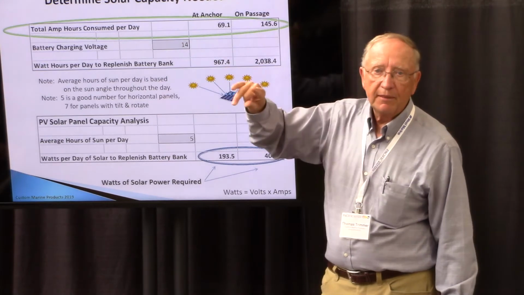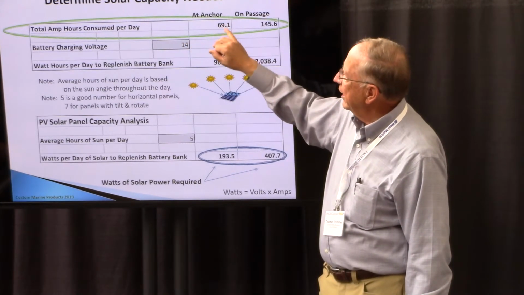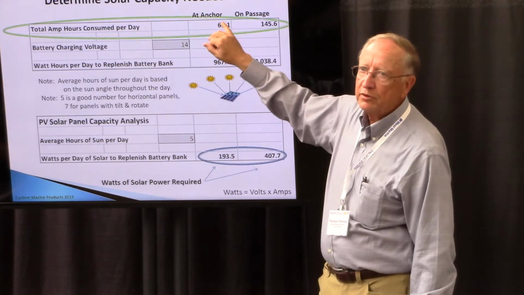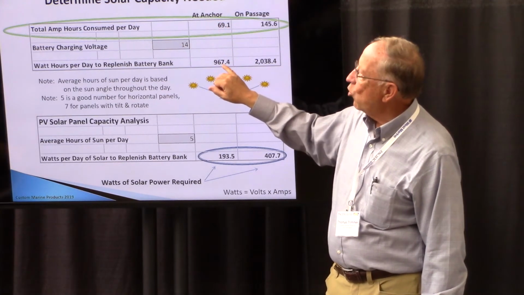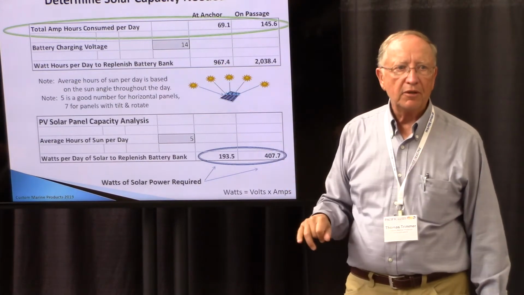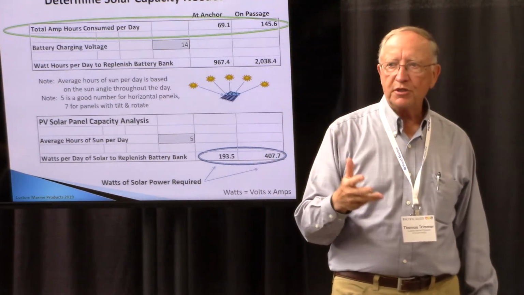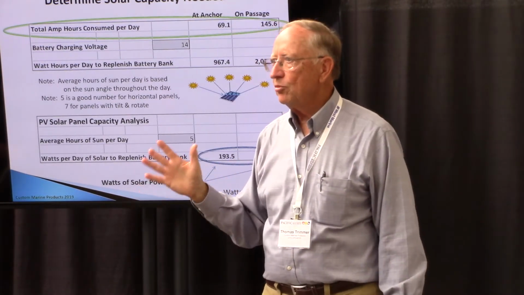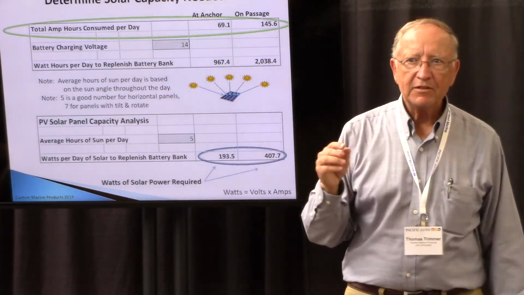Now again, amps times volts is what? If I multiply 14 volts times my amp hours, I get the watt hours I need each day. So I need 967, or 1,000 watt hours in a day to meet my needs. Amps times volts is what? Got it? Does that make sense?